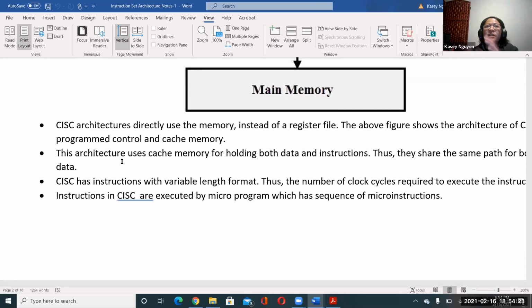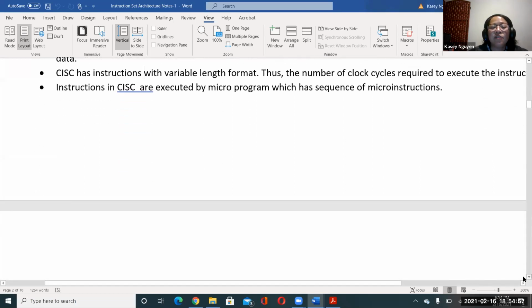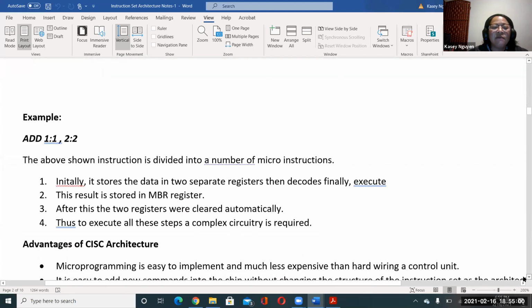So that's where it's going to store your data, in cache, compared to RISC, the reduced instruction set, which works with registers. Now, the CISC instructions could range in different sizes, and the clock cycles required to execute them vary. CISC instructions are executed in the microprogram with micro instructions. And in this class, we're using RISC, the reduced instruction set, instead of CISC.